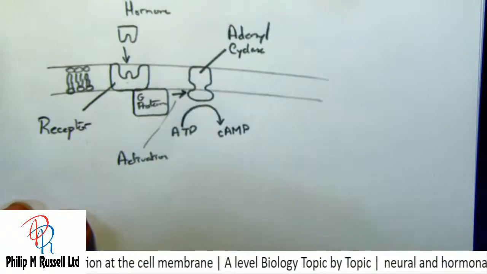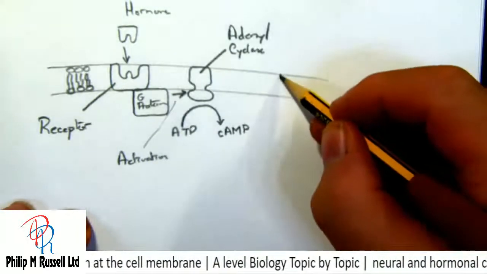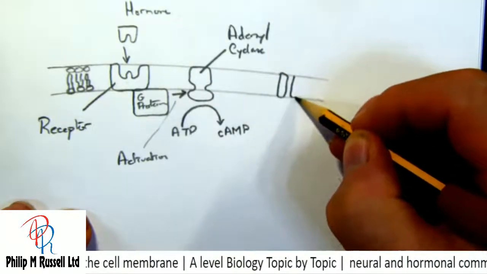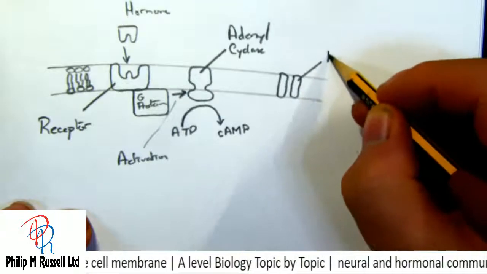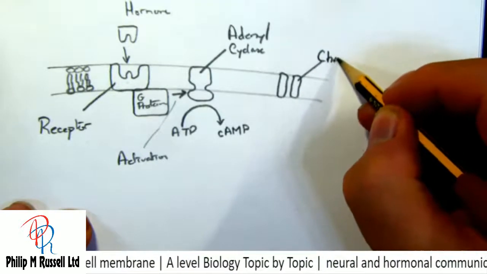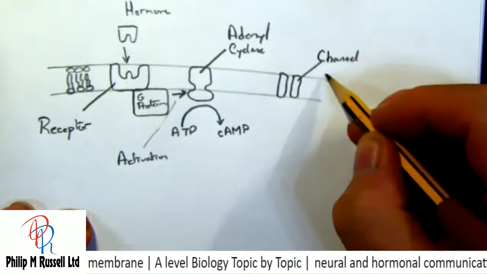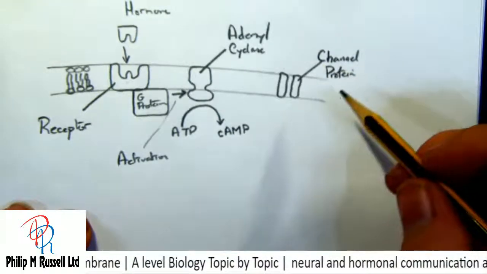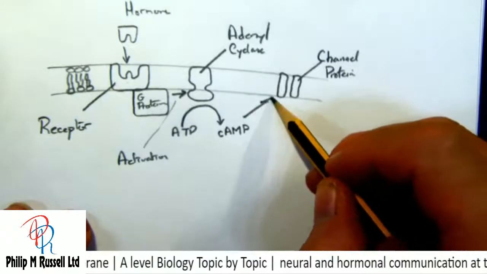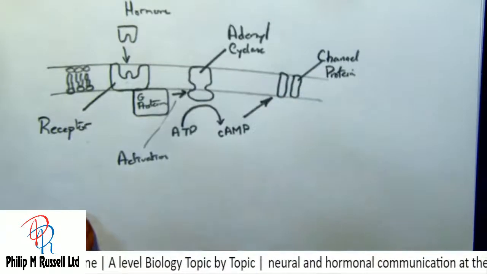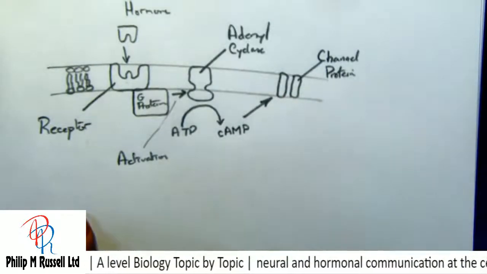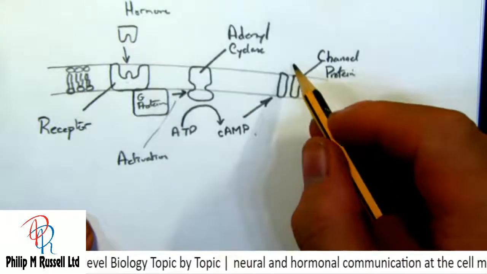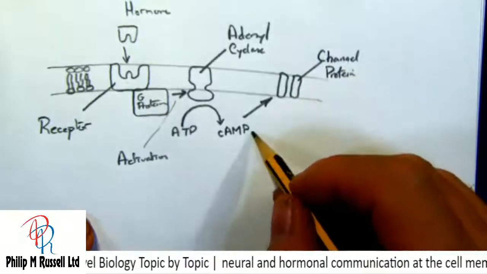Now, we might have down here some sort of channel protein, and this cyclic AMP will have some sort of effect maybe on this channel protein, which will allow something in or out.